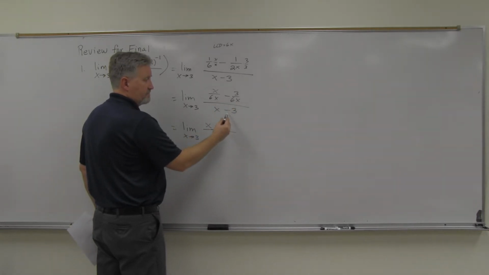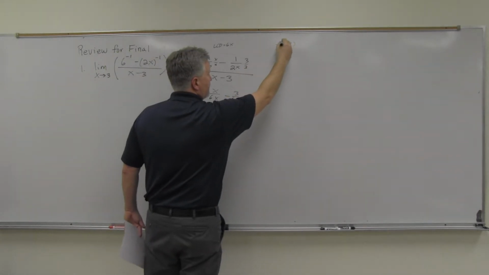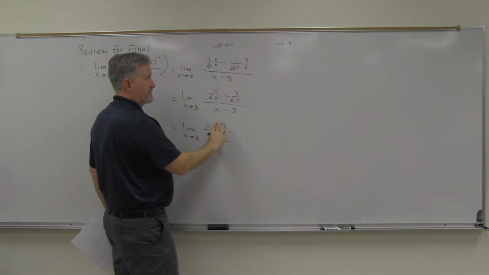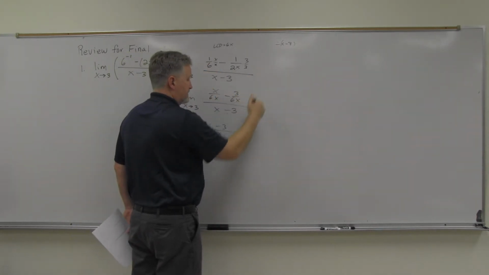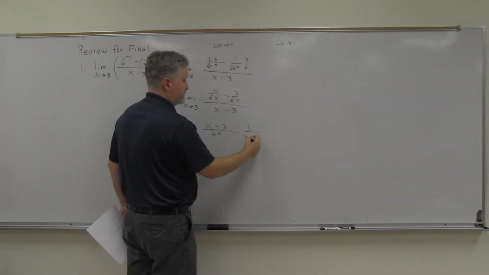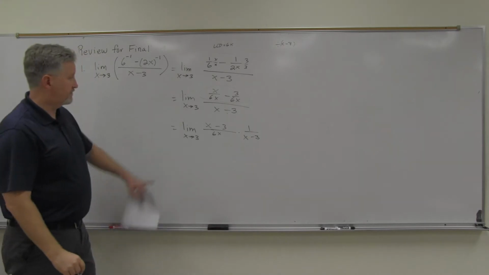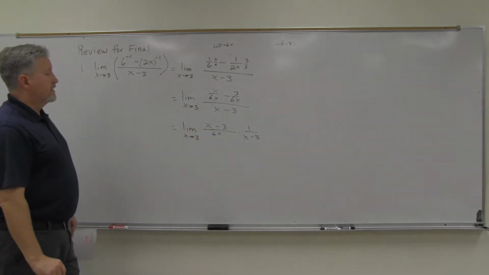This means divide by x minus 3, right? If I wrote it that way, it would be divide by x minus 3, but that means times the reciprocal. So it'd be times 1 over x minus 3. Divide by x minus 3 means times 1 over x minus 3.